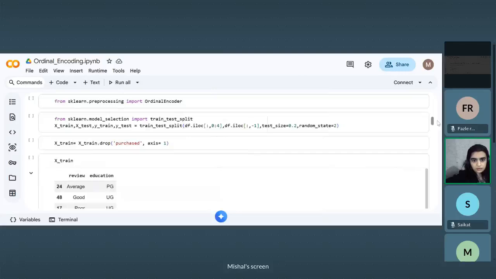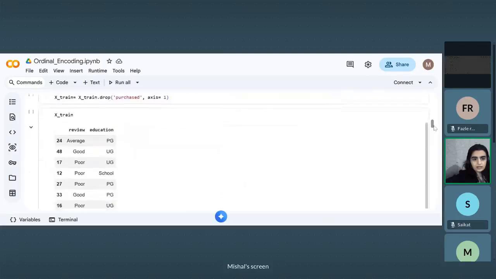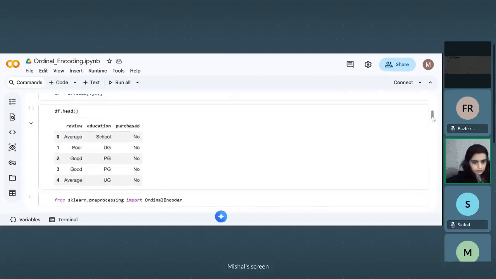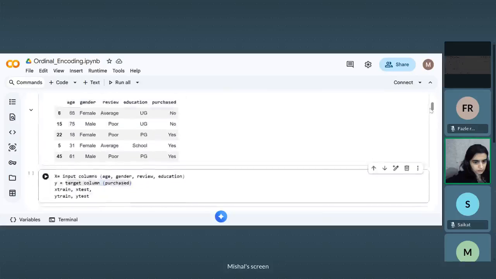If you notice here, we are applying the train test split. We have our training data. And here we kept review and education.